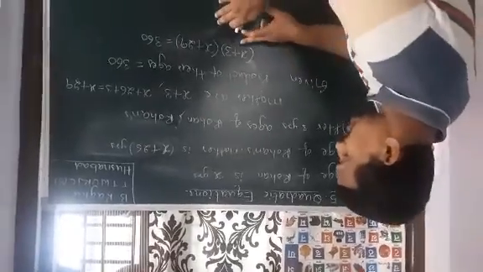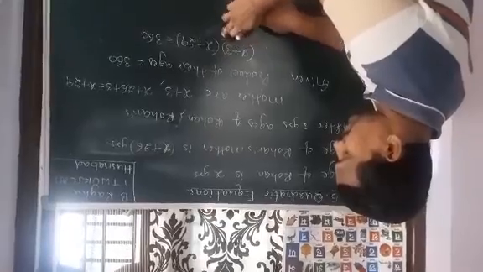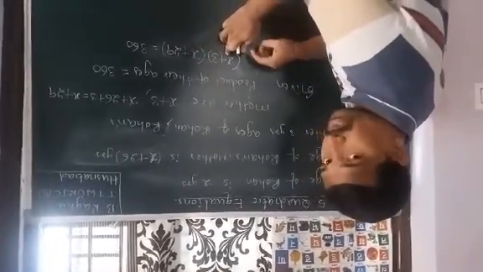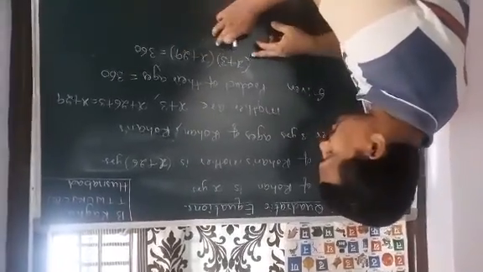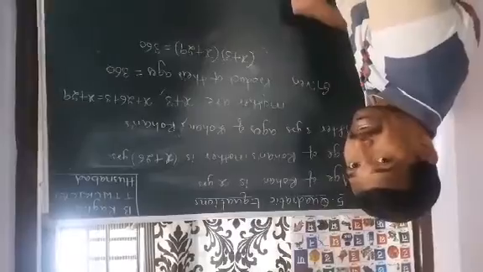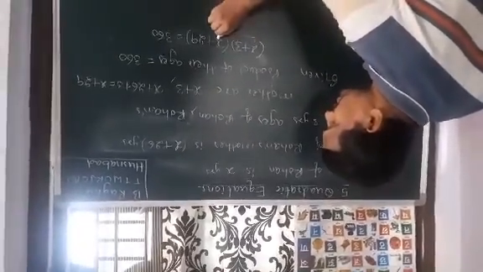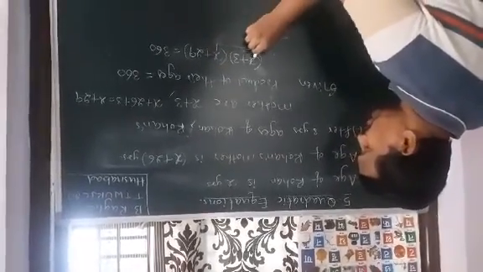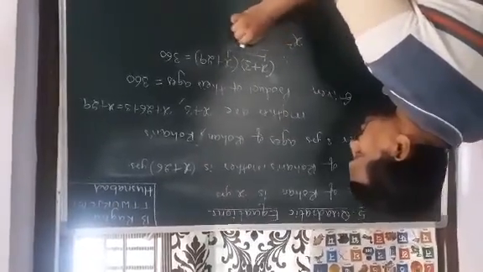Here you can observe this is a binomial, 2 terms are added. Here also 2 terms are added, so it is a binomial. So it is the product of a binomial and a binomial. Multiply the first term with the first term: x into x is x square. Next x into 29.